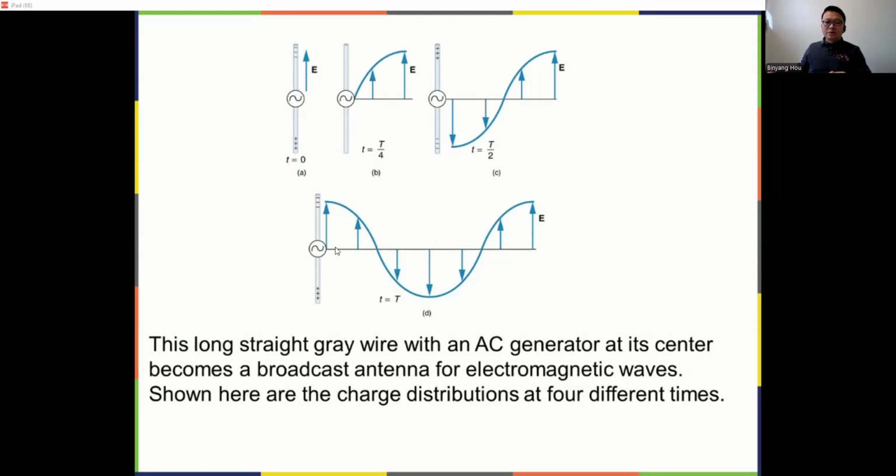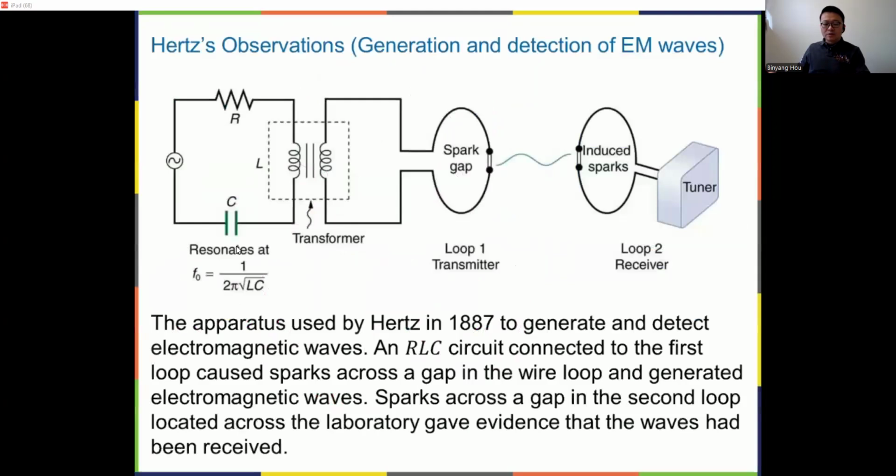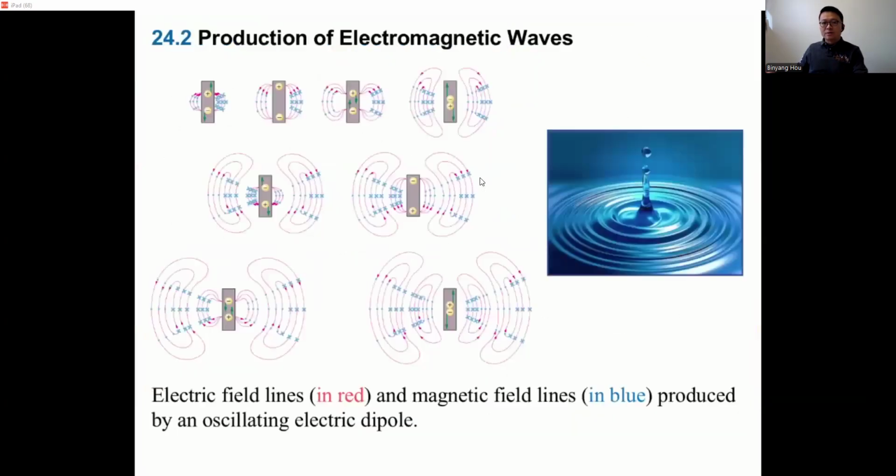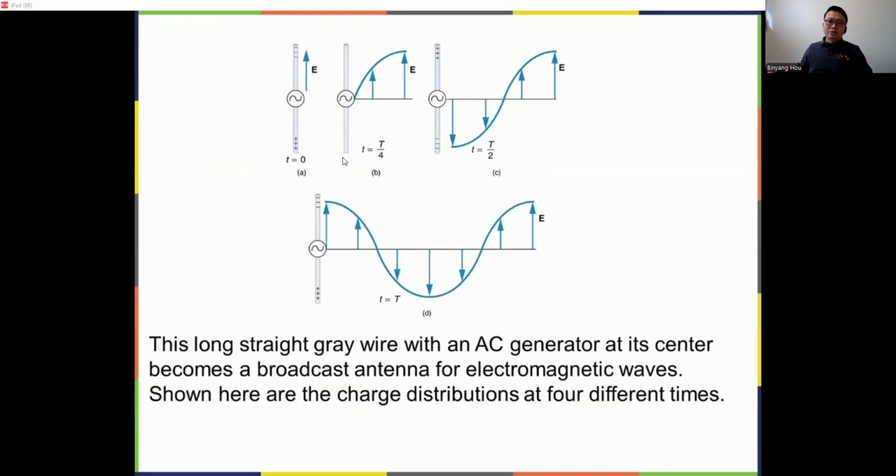This is then exactly what we had in the previous case a couple of slides ago. So it'll be this one here. You have a spark gap over here, and this is pretty much the AC signal over there. And then you're generating a varying electric field as the signal varies.